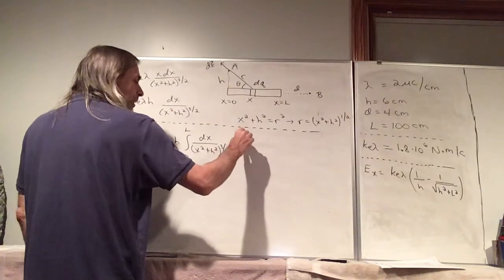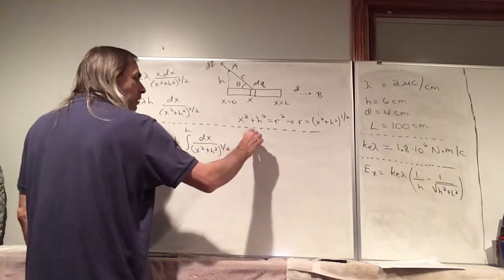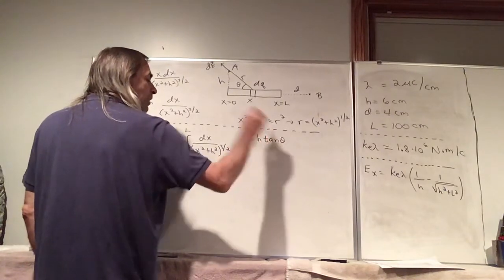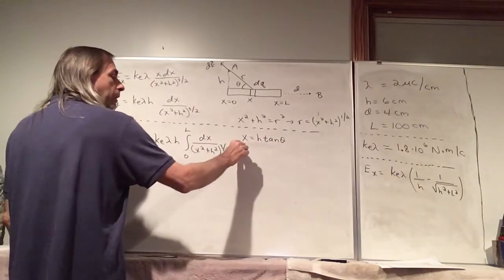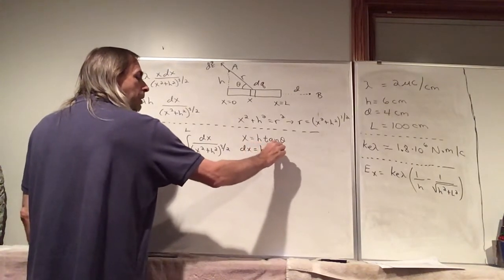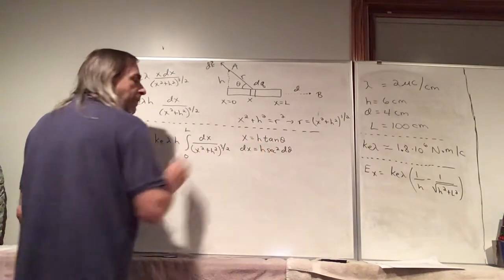We're going to say that x equals h tangent of theta, and that means that dx is h secant squared theta d theta.